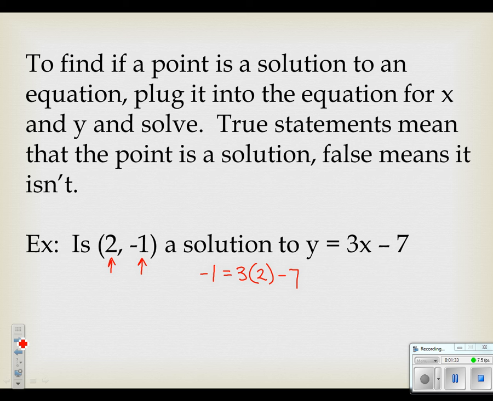Start solving. The next line would read -1 is equal to 6 minus 7, or -1 equals -1. It's a true statement, so the point (2, -1) is in fact a solution. If we'd gotten something like -1 is equal to 4, that's false. It would not have been a solution.